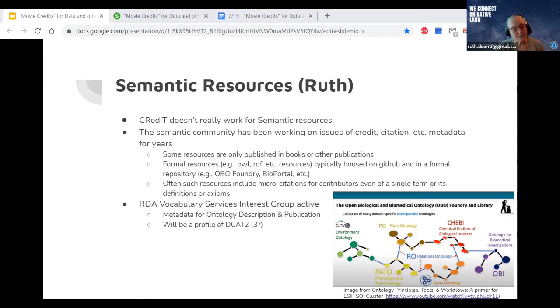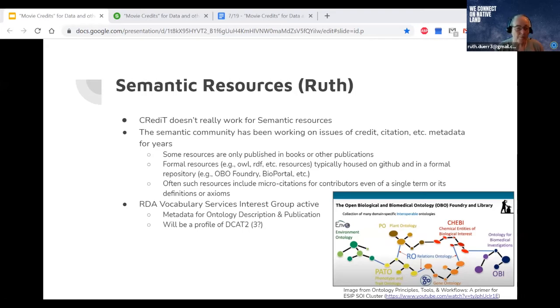I also note that the semantic community has been working on these sorts of issues for a good long time. There are many papers involved. I did not give a list of papers that are discussing these, mostly because the slide wasn't that big.